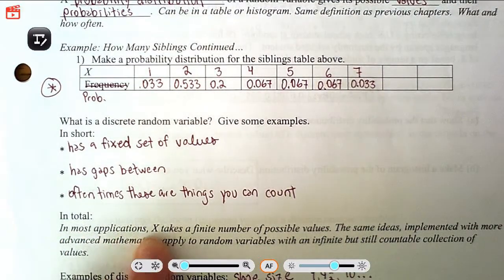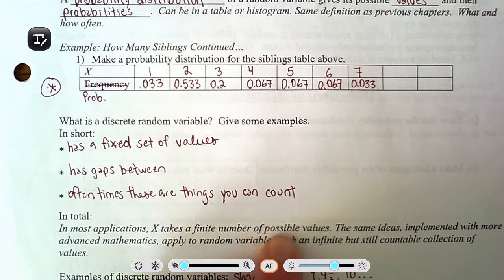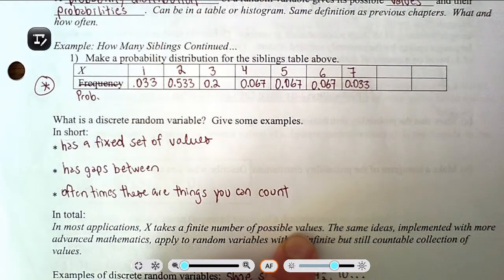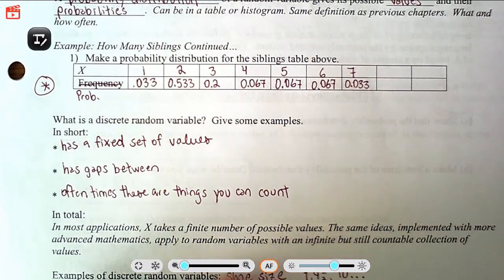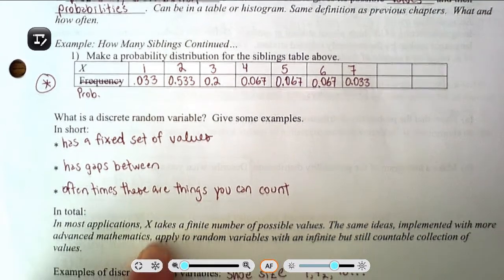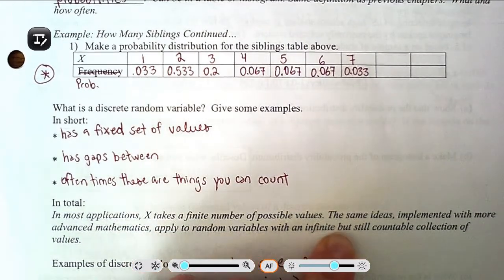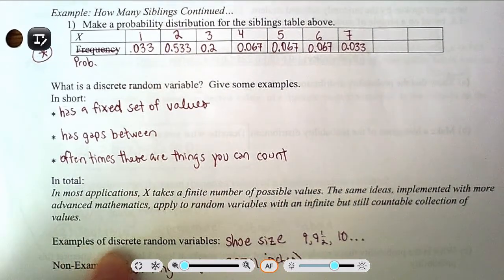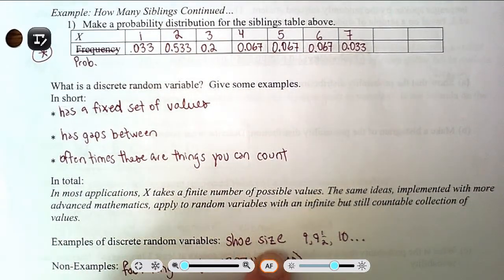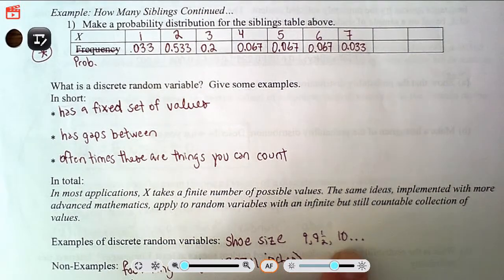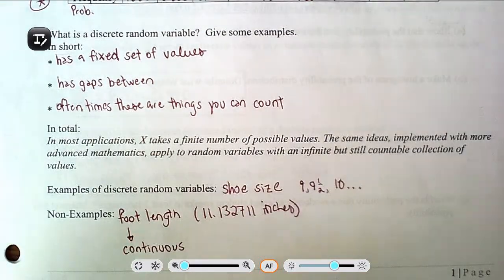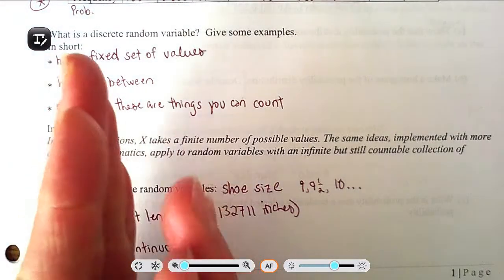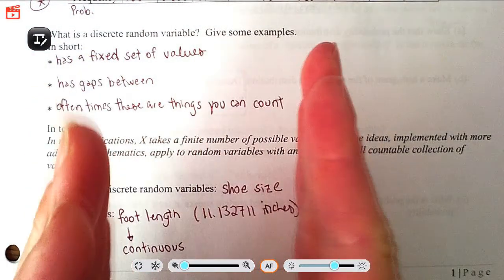In most applications, x takes on a finite number of possible values. The same ideas implemented with more advanced mathematics apply to random variables with an infinite but still countable collection of values. Examples of discrete random variables are shoe size, where you have 9, 9.5, 10, 10.5. Even though we have half sizes, there's still space between, and there are these increment amounts.